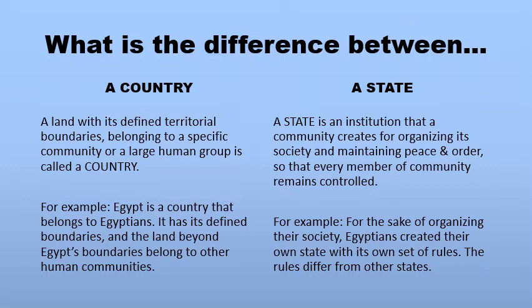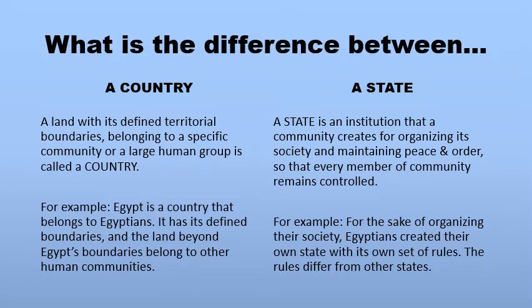Whereas a state is an institution that a community creates for organizing its society and maintenance of peace and order. The reason for creating this institution is that every member of the community should remain under control. A controlled behavior is required to keep peace and order.